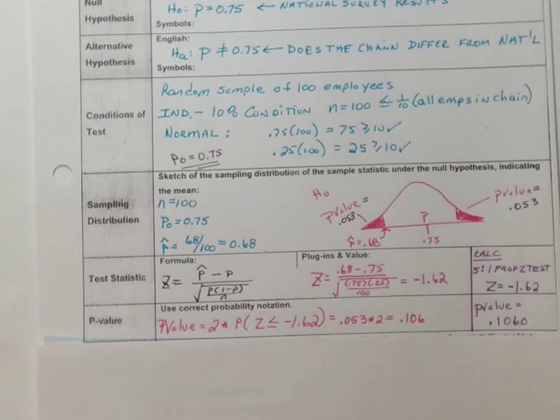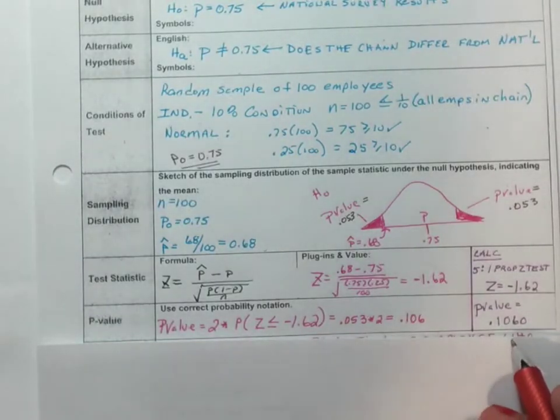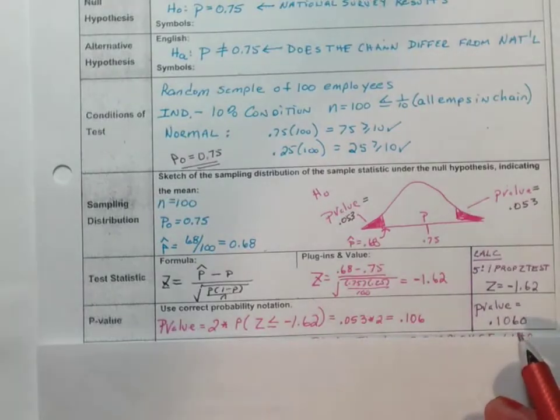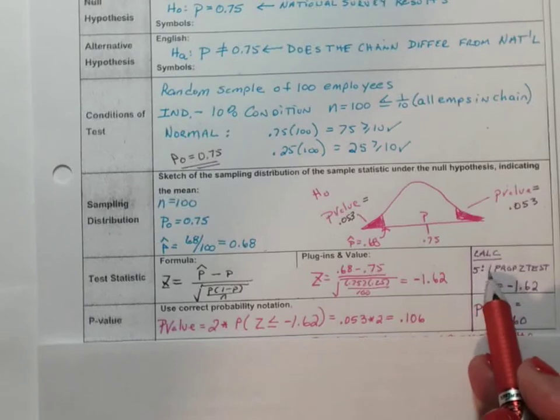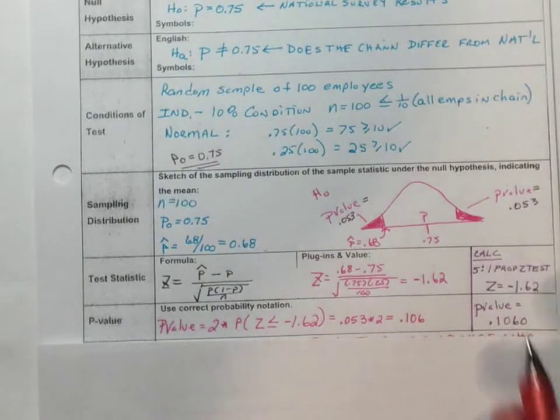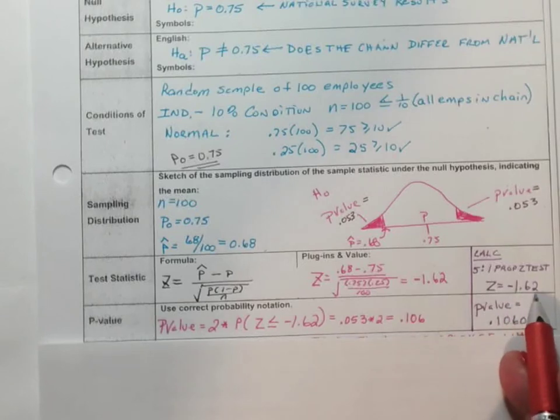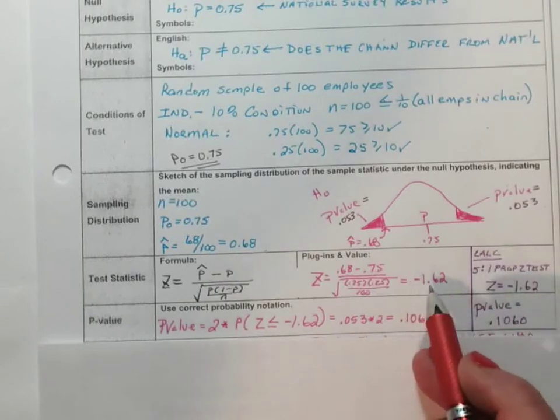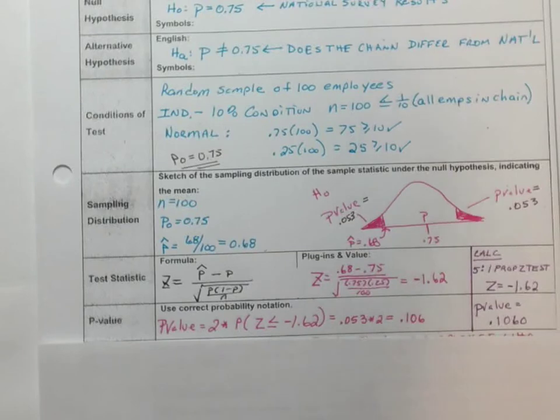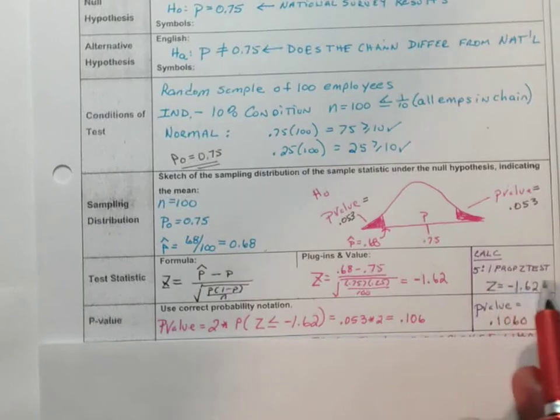I'm going to trust that you know how to do that on your calculator, and you can go back to my previous video on how to do this. But you're using the one proportion z-test. So z is negative 1.62 when you put it into the calculator, which matches with our hand calculation. And our p-value that we get on the calculator going through one proportion z-test is the same.